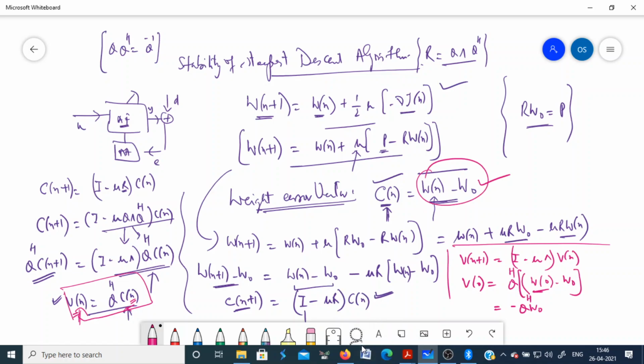Now from this equation, what you can get is a set of equations basically. You have this equation which says that V(n+1) is equal to (I minus mu lambda) into V(n).